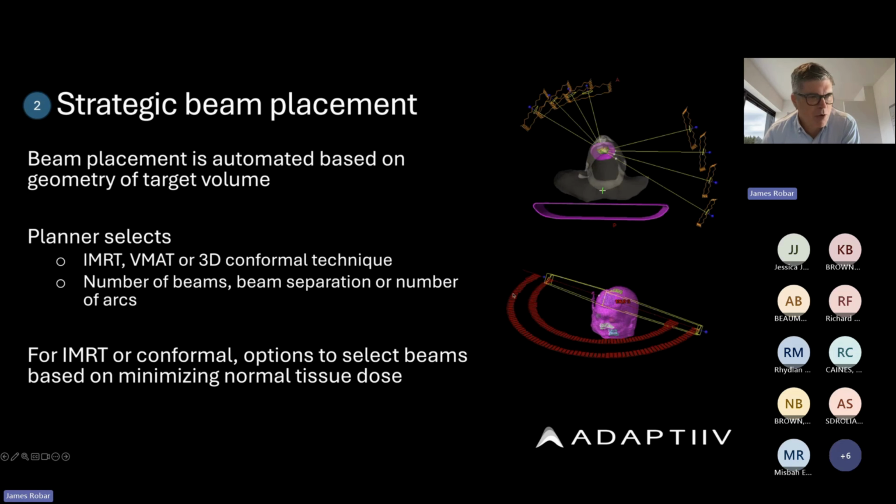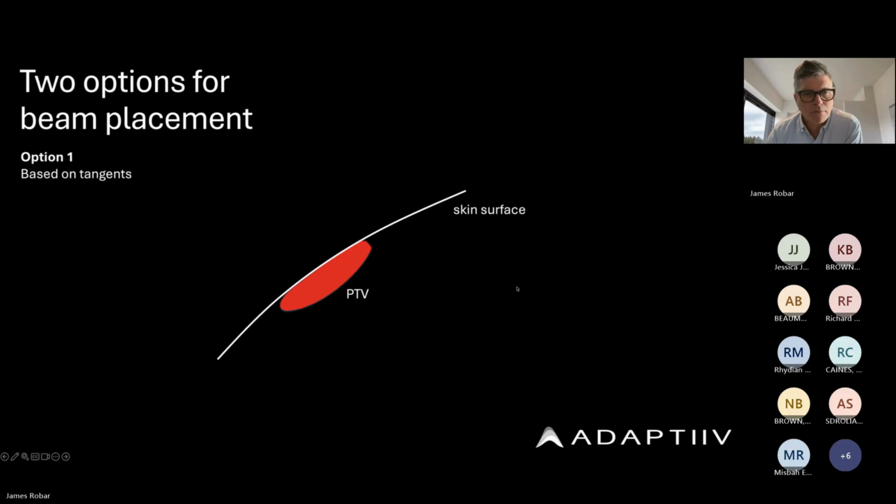Step 2 is probably the most interesting step. This is beam placement. So essentially the tool examines again the PTV geometry and sets up a set of beams for IMRT or 3D conformal modes. And there are a couple options for geometry determination, which I'll tell you about in a moment, or sets up start and stop angles for arcs.